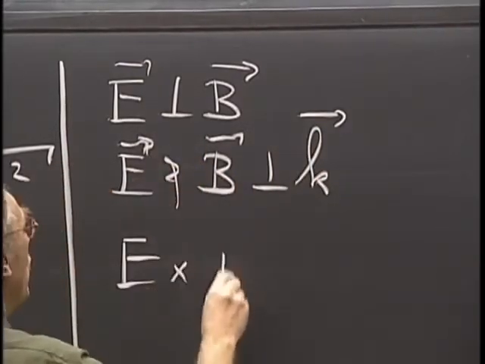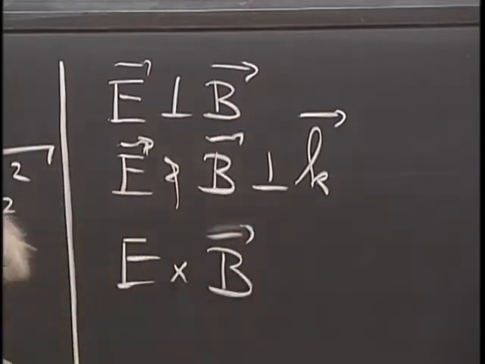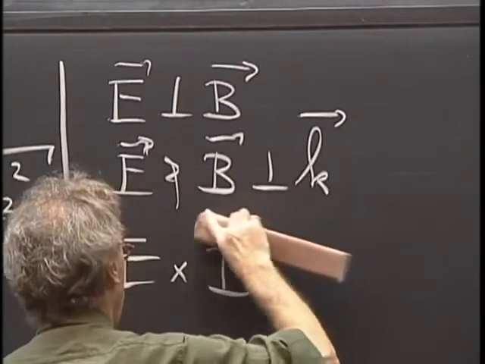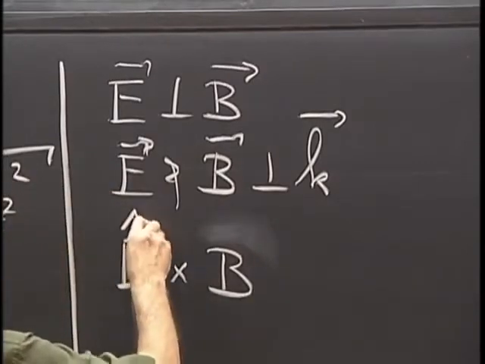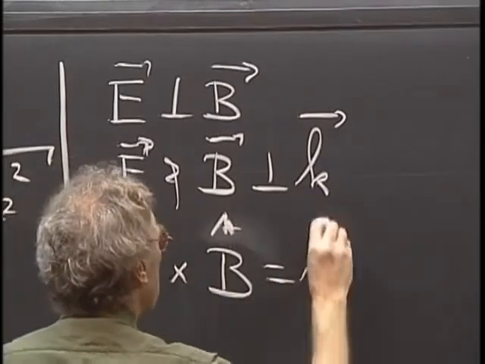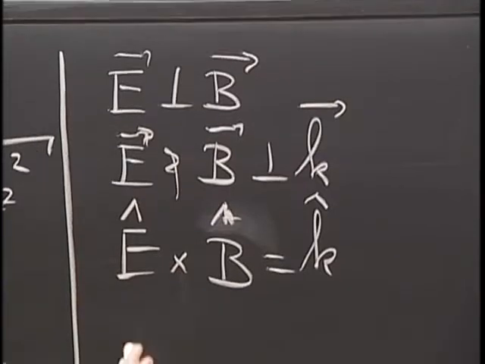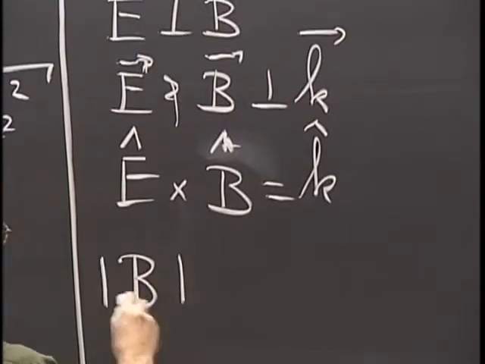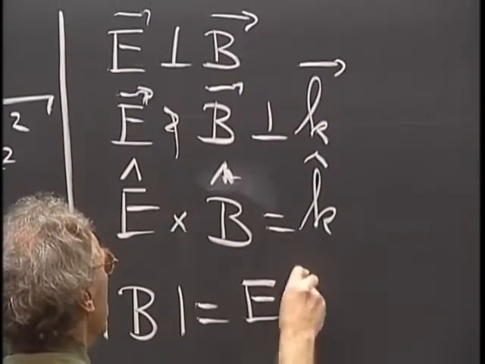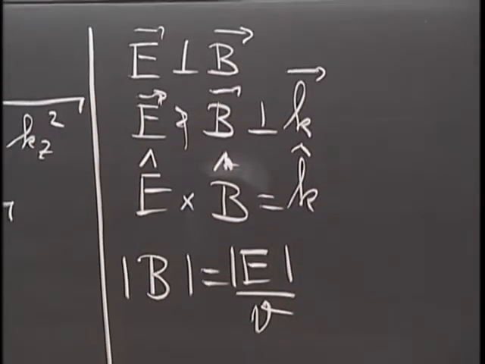Therefore, E cross B, let me give that unit vectors, E cross B is k roof. The pointing vector, remember, goes in the direction of k. The magnitude of B at any moment in time in a traveling wave is the magnitude of E divided by v, which can be c, of course.